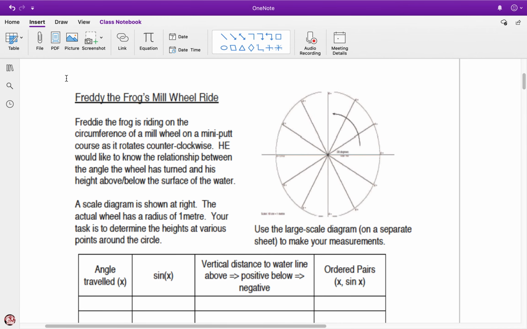So to get started, we're going to do the old Freddy the Frog mill wheel ride. So if we think about it, one second here, if we put a frog, let me get a picture of a frog here real quick. Put him in there. Oh, come on.